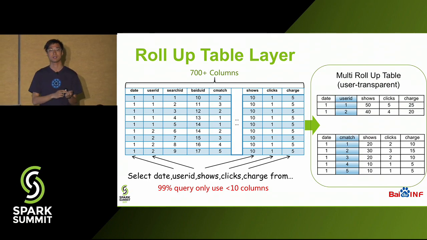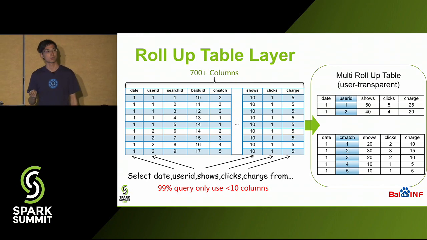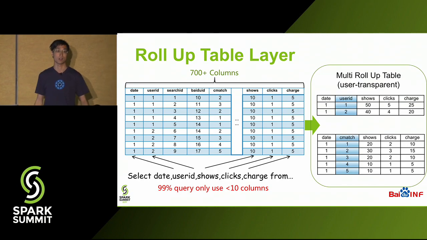The background is that, like I said before, we should join the click log and the check log together. So the table becomes huge, and most of them have about hundreds of columns. But in 99% of users' queries, you can't see the hundreds of columns, maybe just below 10 columns.